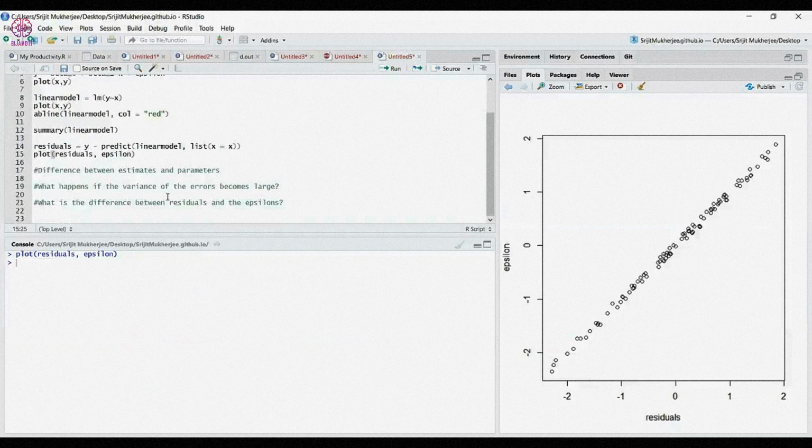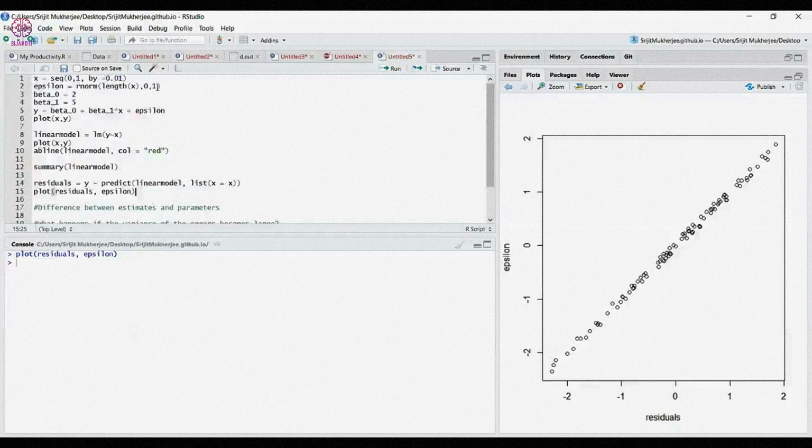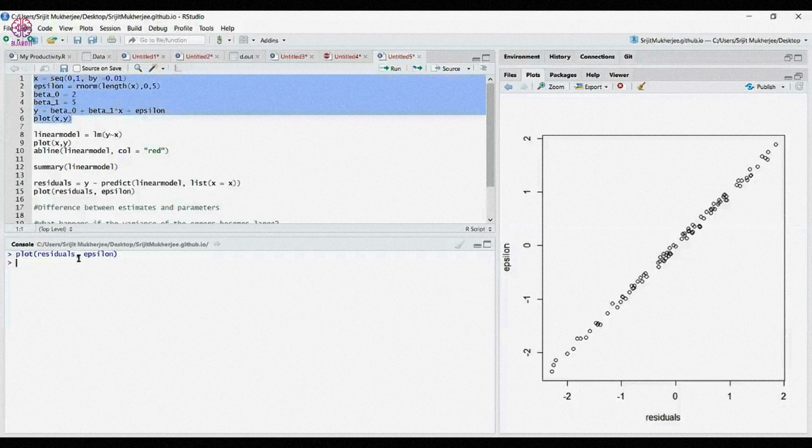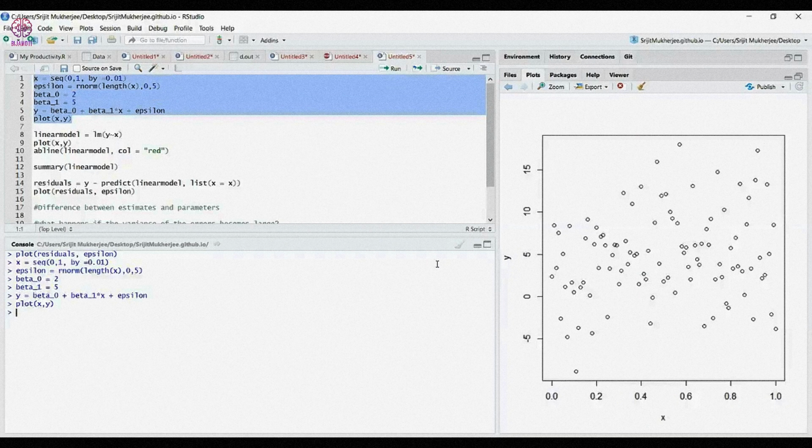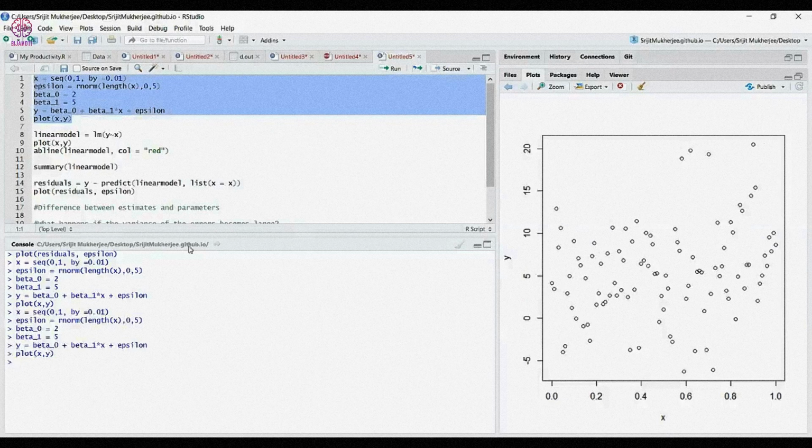Now, the variance. Suppose let's do this again. Let's increase this to 5. Let's plot this and change the sigma square to 5. It looks like this, almost looks bad. Let's do it to 2. Then it will make much more sense. So let's do it for 0.1.